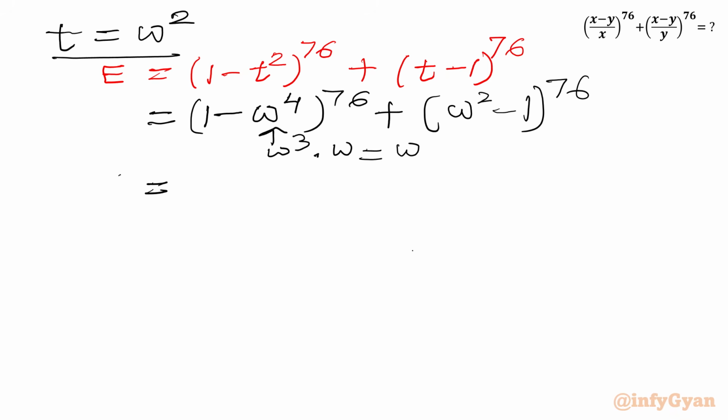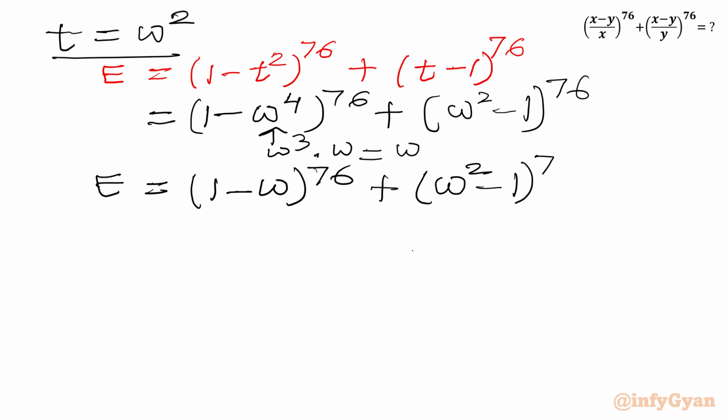So we will write E equal to (1 − ω) whole power 76 plus (ω² − 1) whole power 76. If we take minus common from the brackets, we will get the same expression which we had for t equal to ω.